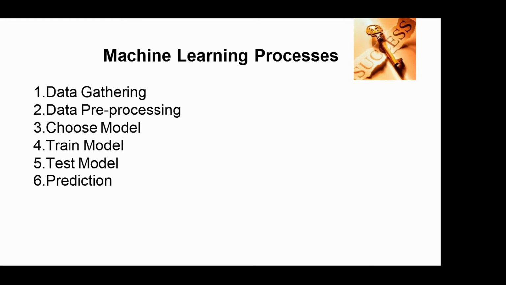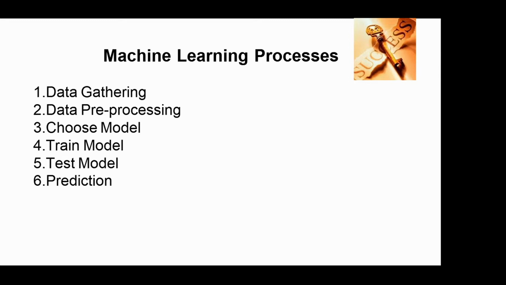So the first step is that we have to take the data set, and the second step is that we have to clean our data. Cleaning means we have to find the missing values, then replace them, and remove the duplicacy of data.